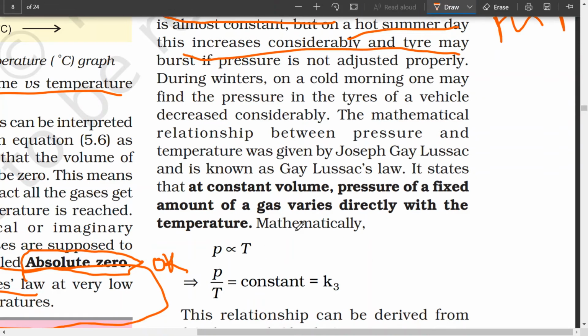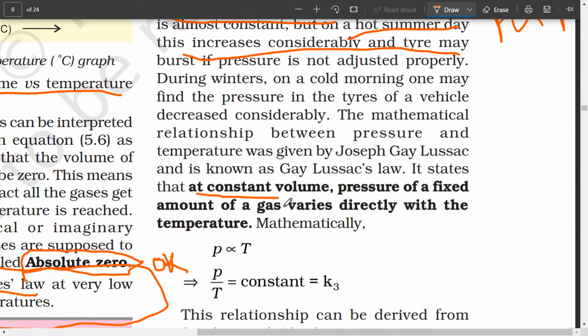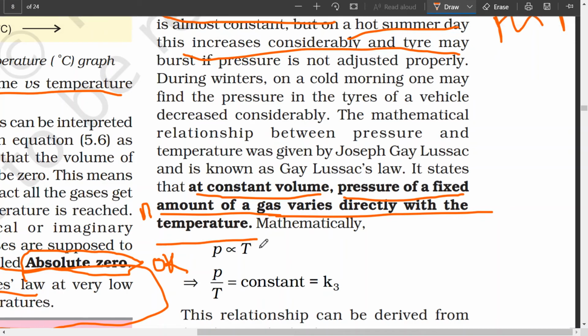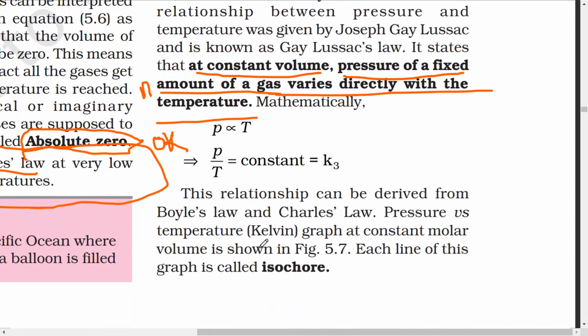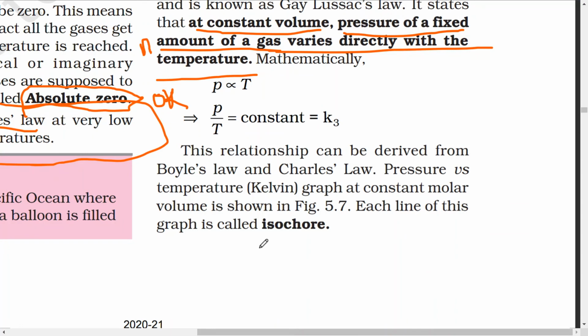So, when we keep volume constant, the amount of gas, meaning N, number of moles, is fixed, then pressure varies directly with temperature. This relationship can be derived from Boyle's law and Charles' law. In the pressure versus temperature graph at constant molar volume, each line of the graph is called isochore.